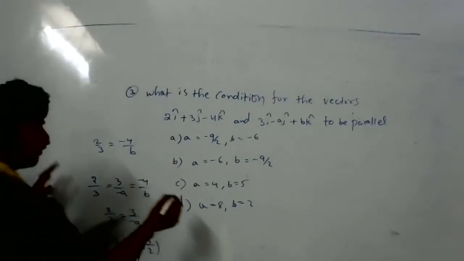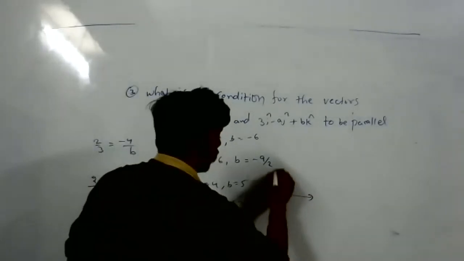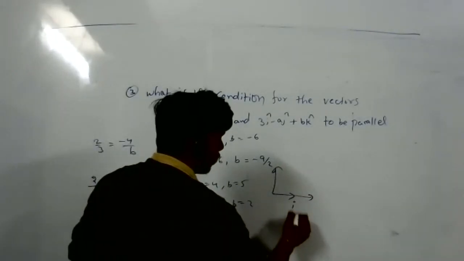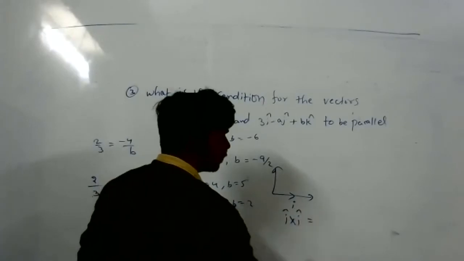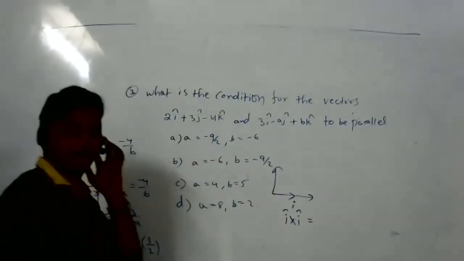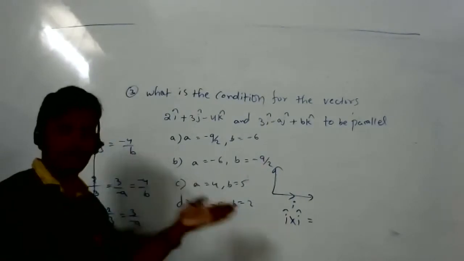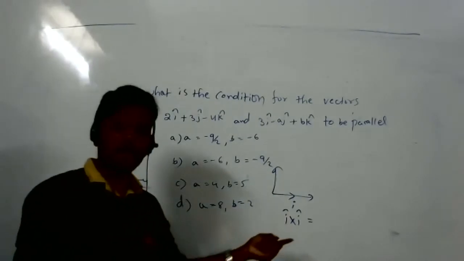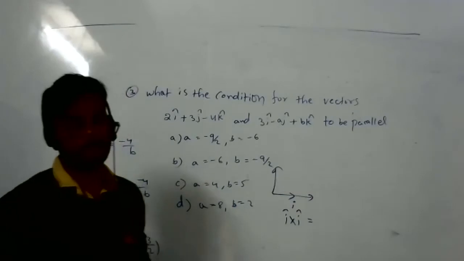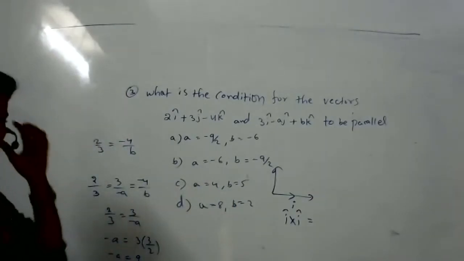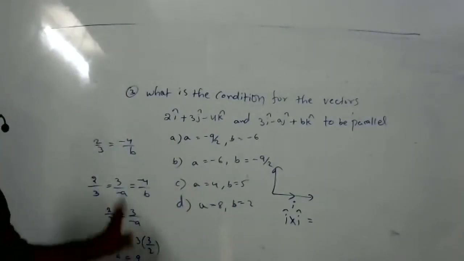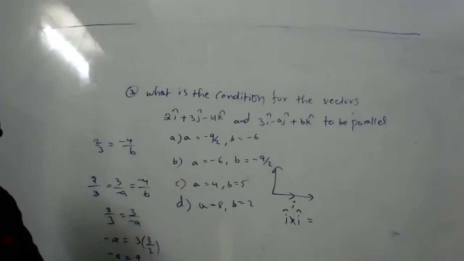See, I cap cross I cap, how much do we get? 1, 0, 0? No, because that means both are in the same direction. Okay, yeah, I got it. So these two vectors are in the same direction.